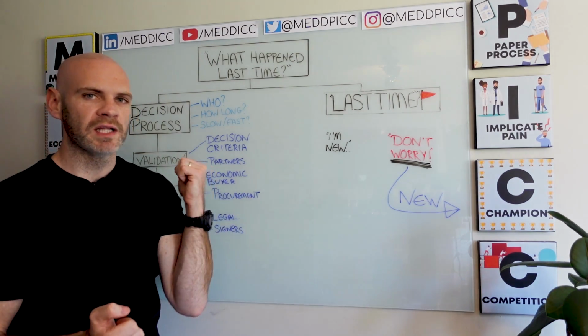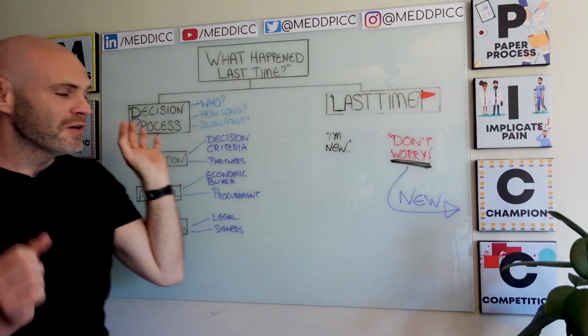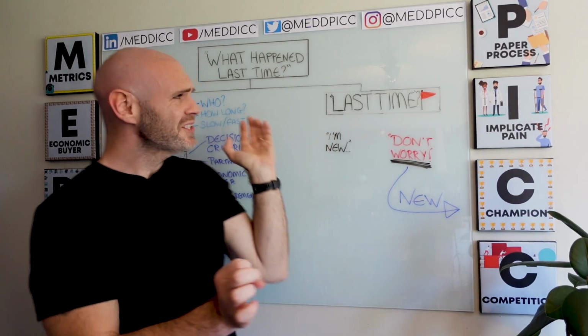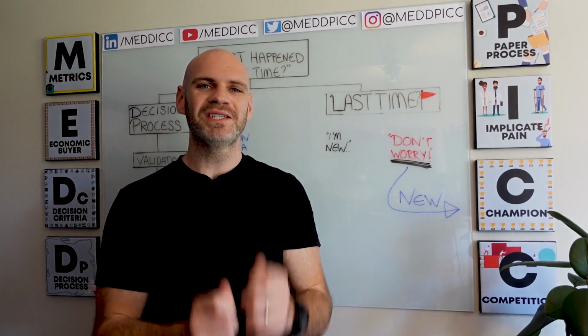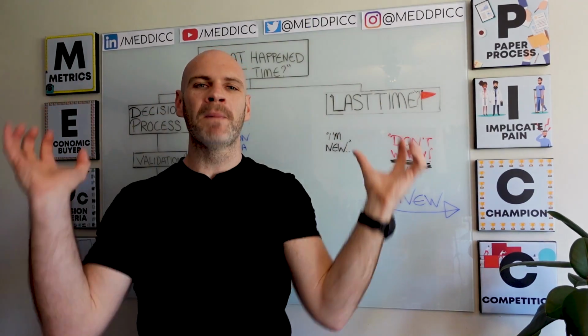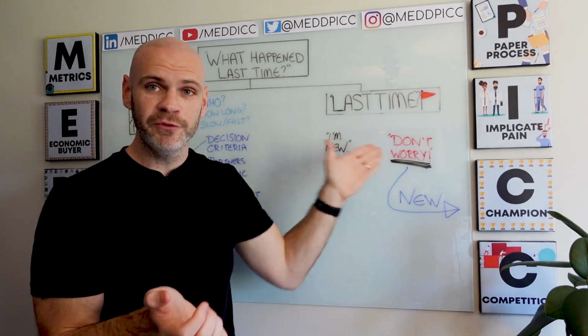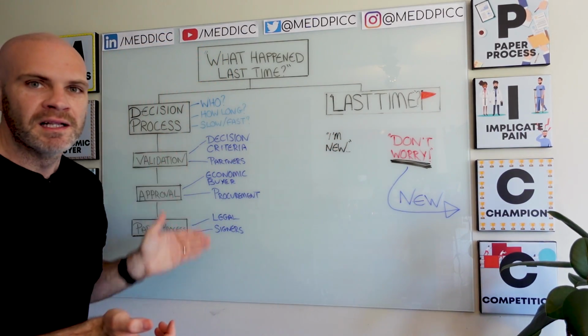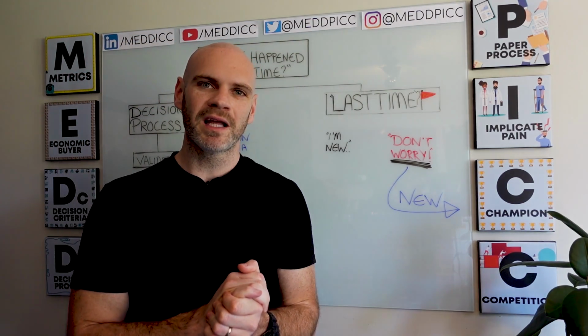You can tap into and win from the path they trod before you. So that, my friends, is why such an easy question, what happened the last time you implemented a solution like this, can open up so much valuable information that's either going to help you de-risk your deal or speed it up and reduce some of those hurdles that are going to come and slow you down in the future.